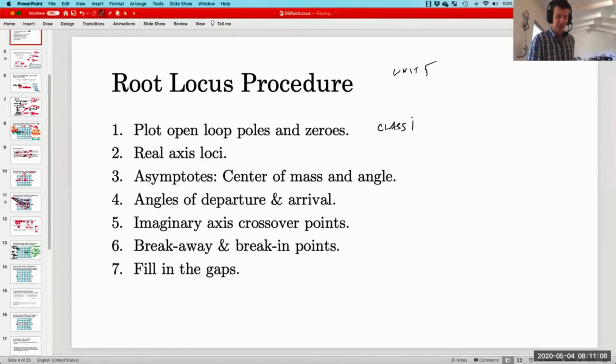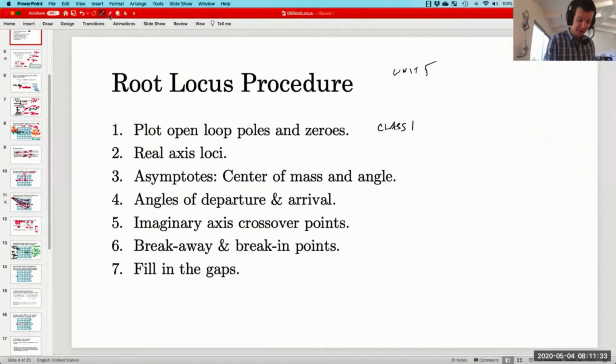We talked about how all those finite points on the plane that attract closed loop poles as k gets large have to be open loop zeros. And the complementary fact there is that all those finite points on the complex plane that emanate closed loop poles for small k are open loop poles.